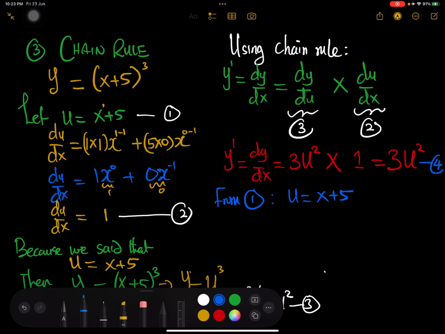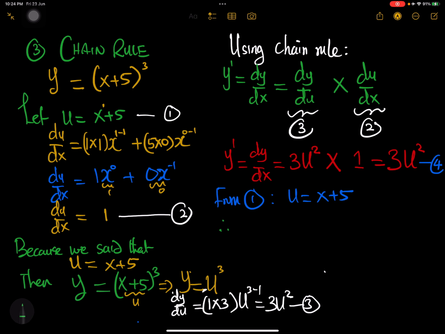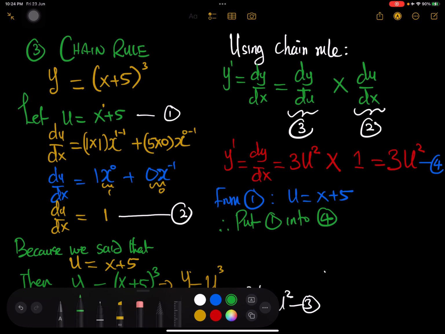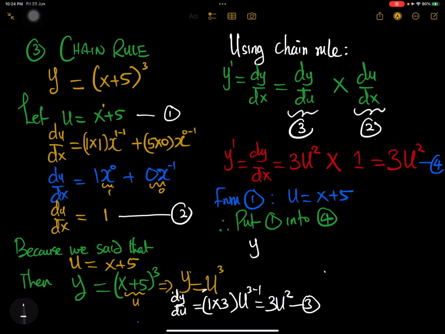So therefore, we can put equation 1 into equation 4. When we do that, we're going to get our y prime, dy dx, equal to 3u squared, which is the same as 3 into the u, from equation 1, x plus 5 all squared.